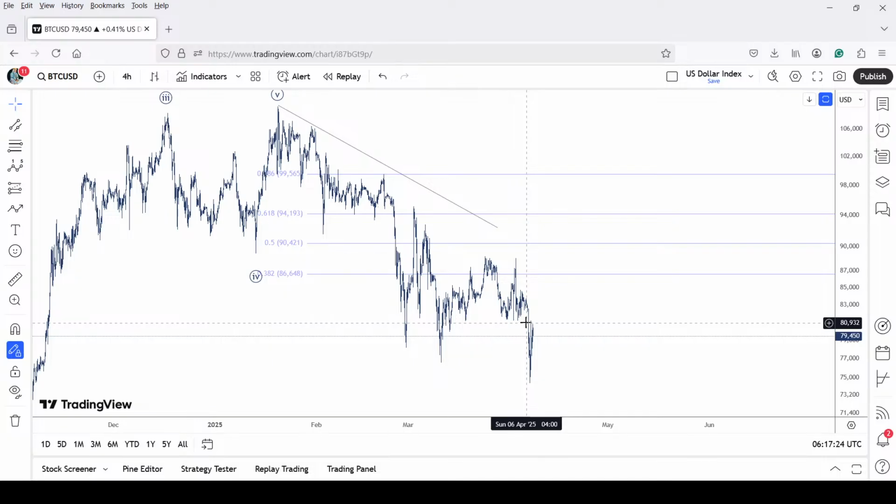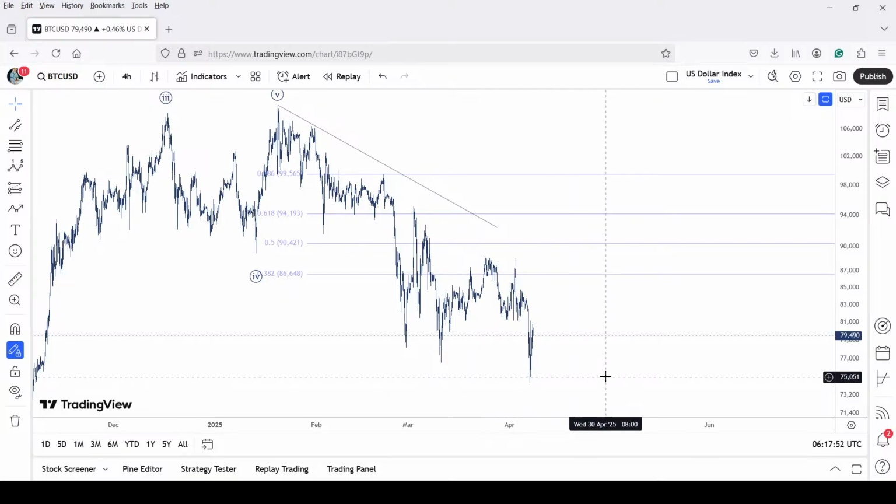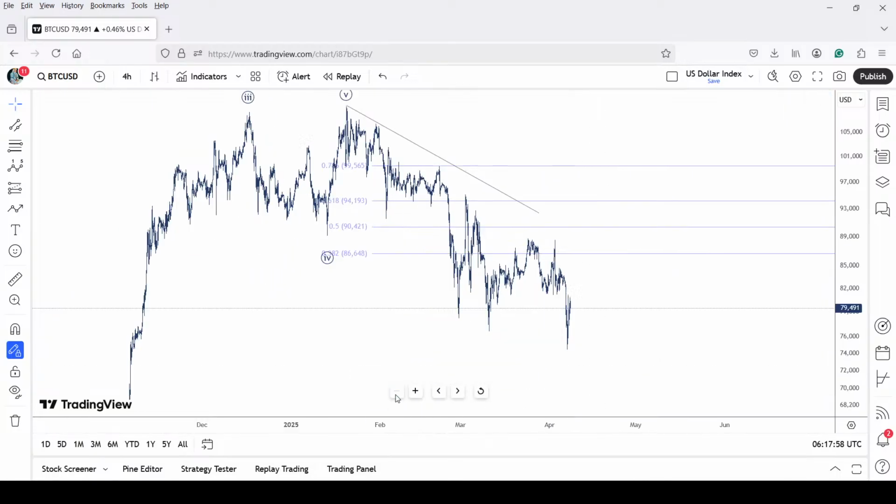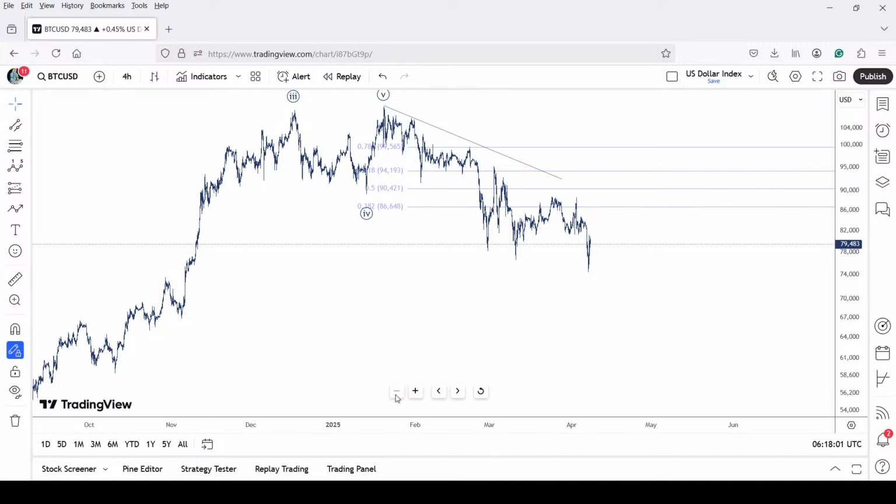As we discussed in the last session in a brief manner, Bitcoin might have now completed the required impulse lower, and we would be more inclined to sell between 86 and 93 after the counter trend rally materializes. It's not a good place to either buy or sell right now. We are at the lowest in recent times. So please allow some time for Bitcoin to pull back before we enter short positions again.